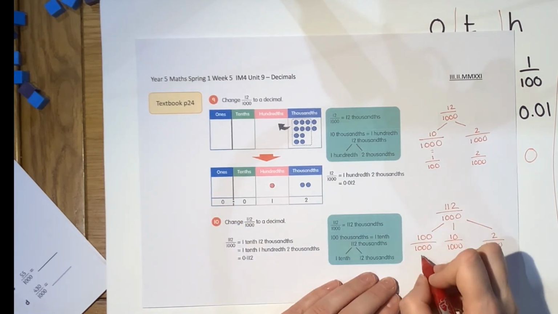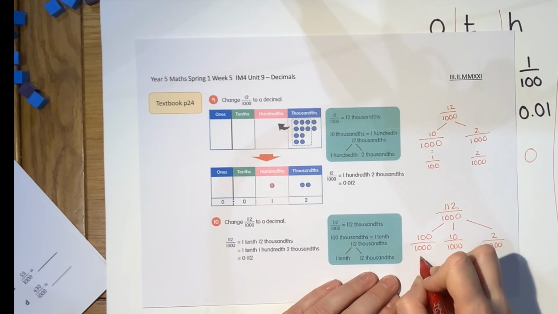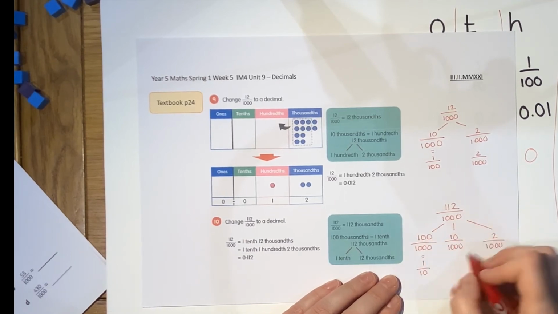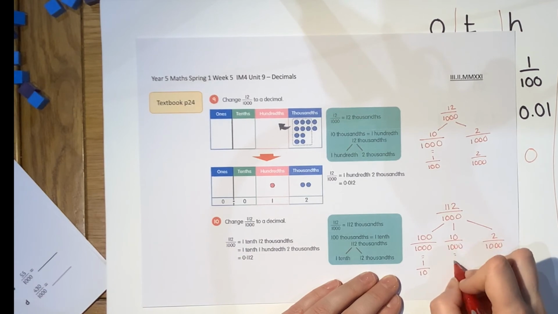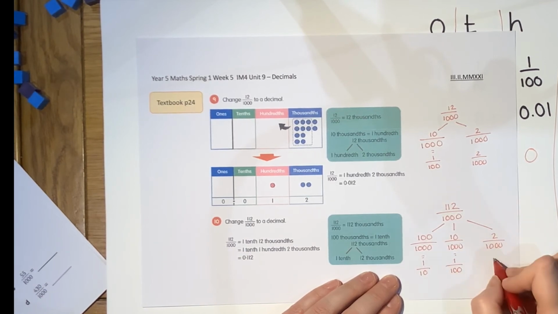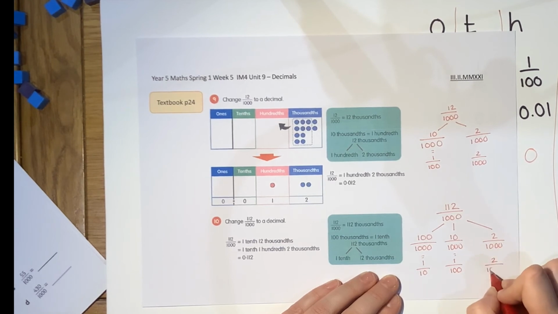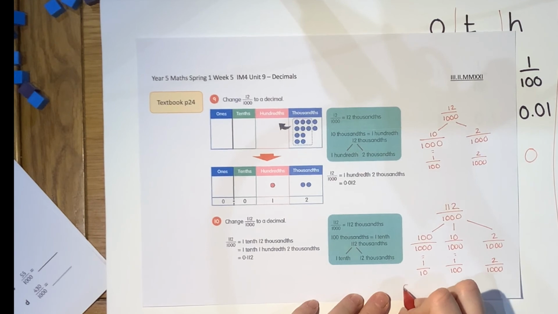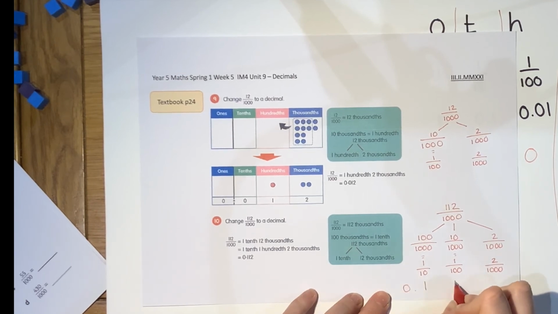I know that 100 thousandths is equivalent to 1/10, because I can divide them both by 100. 10 thousandths is equivalent to 100th, and 2 thousandths we have to keep the same. Okay, so I've then got no whole ones, 1/10, 100th, and 2 thousandths.